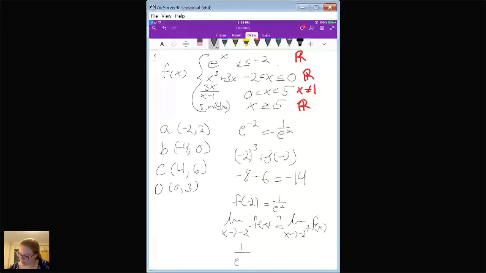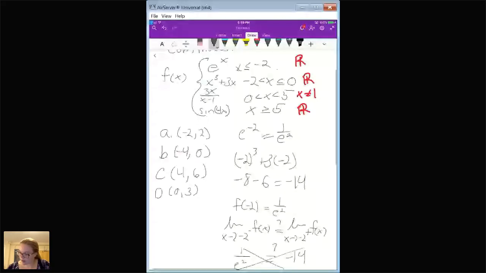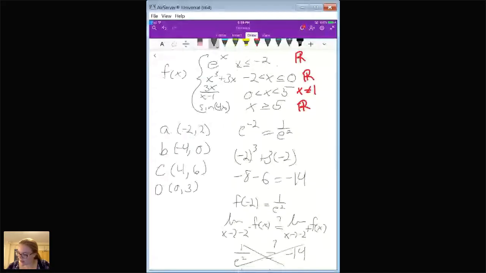We get 1 over e squared. Is that equal to -14? No, you guys already told me no. So that is a point of discontinuity. It is not continuous at that point. So based on that, are there any points we can rule out here?